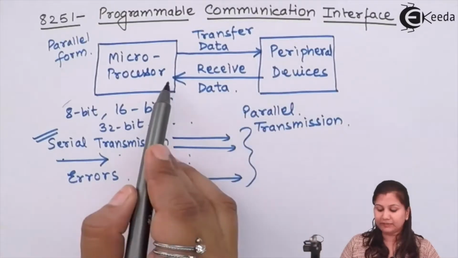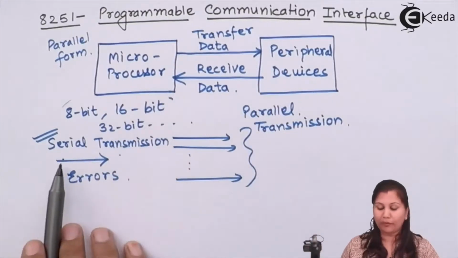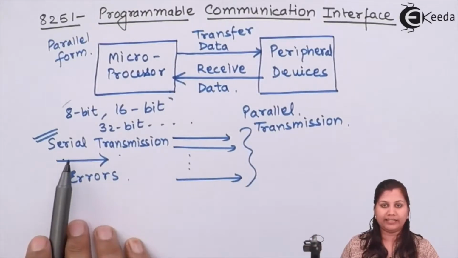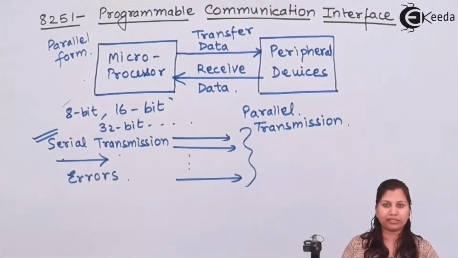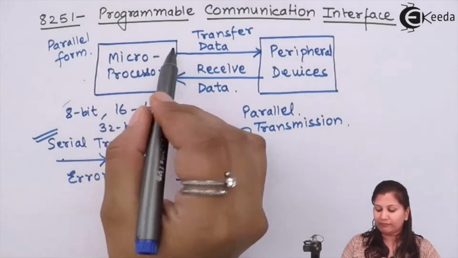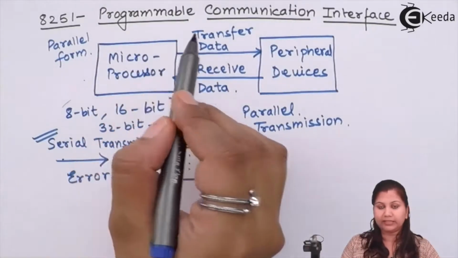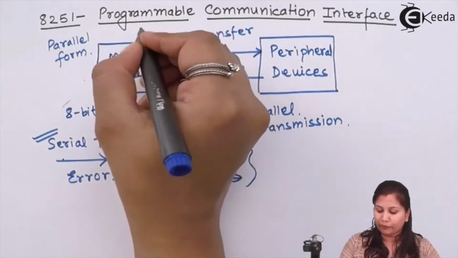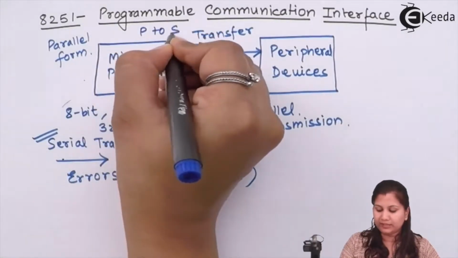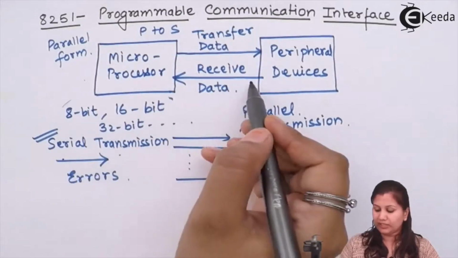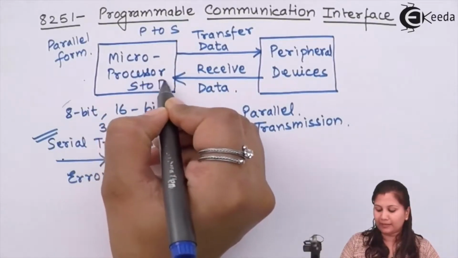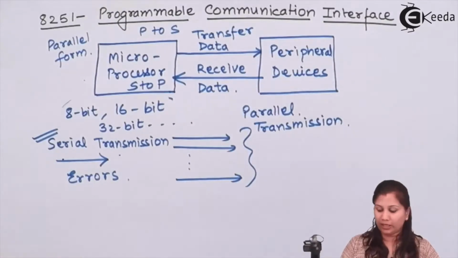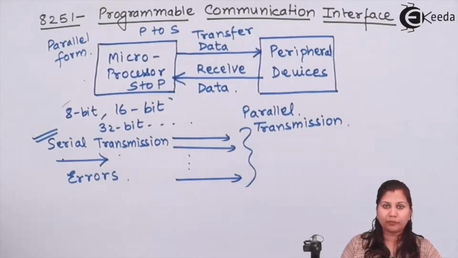Also, when it receives the data, it will receive it in serial data form, so it has to convert it into parallel form so that it can process that data. So every time it is transmitting the data, it has to perform parallel to serial conversion, and when it is receiving the data, it has to perform serial to parallel conversion. So it also has to perform conversions.